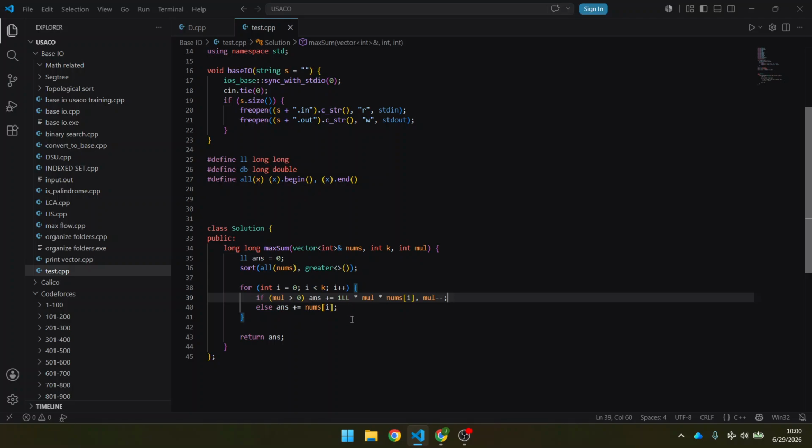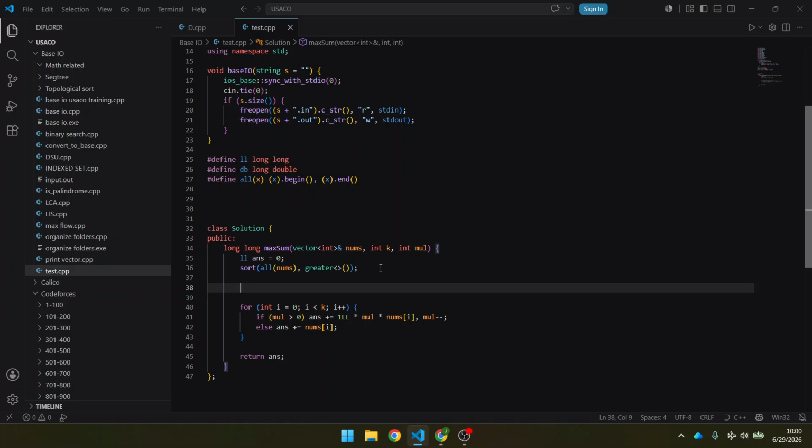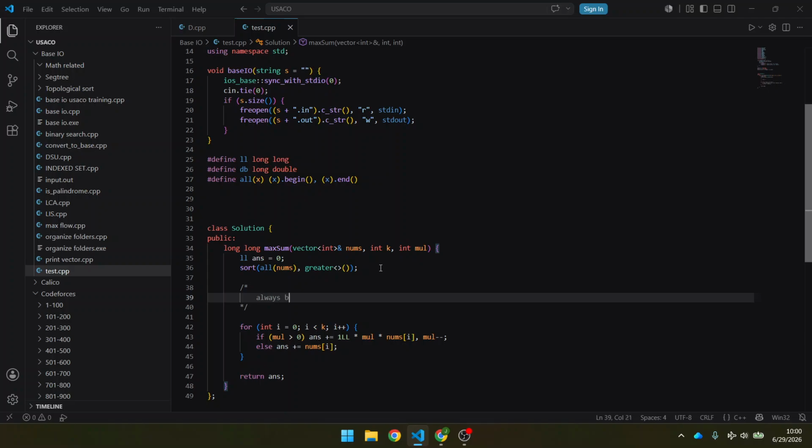This will always be maximum because it's always better to multiply bigger numbers more than the numbers that are below. For example, it's always better to do 9 times 9 than 9 times 8, because we want the higher multiplication to go to the higher numbers.